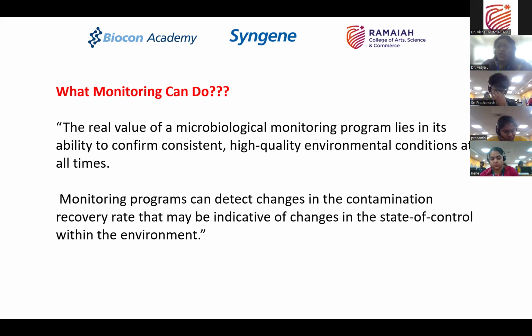Any change in the type of microorganisms, or in the number of colonies you find when you swab, matters. If there is a large number of colonies, then obviously it indicates more contamination. So any changes in the consistent environment should be taken care of.